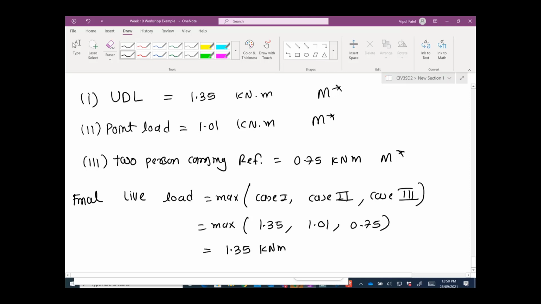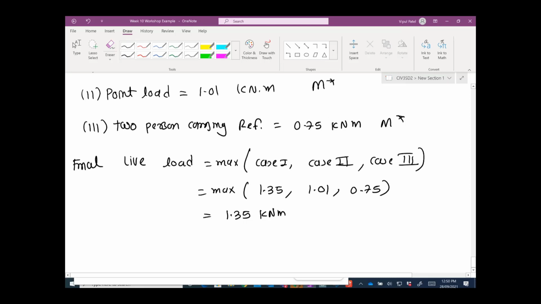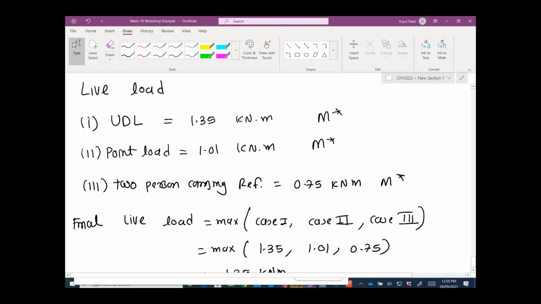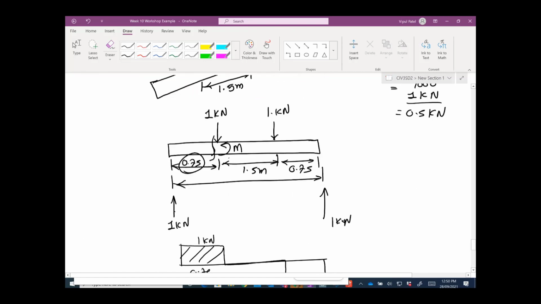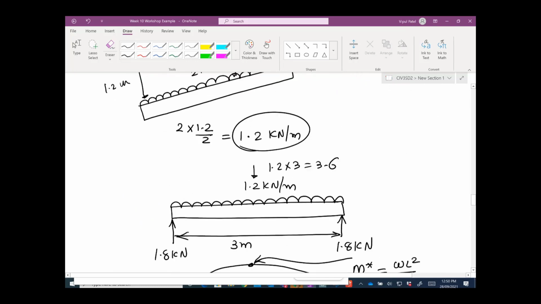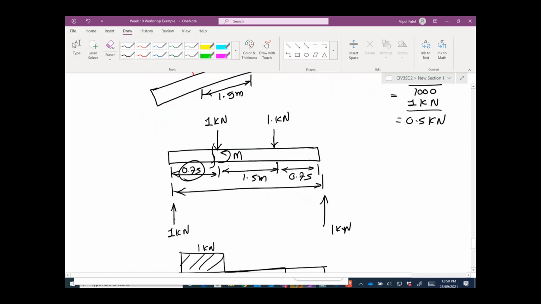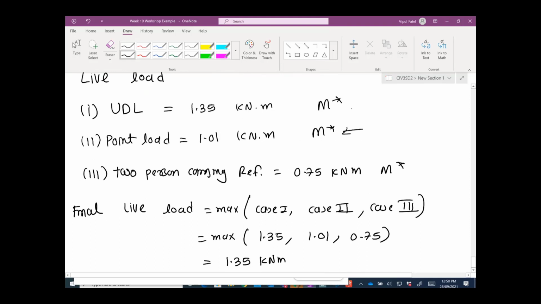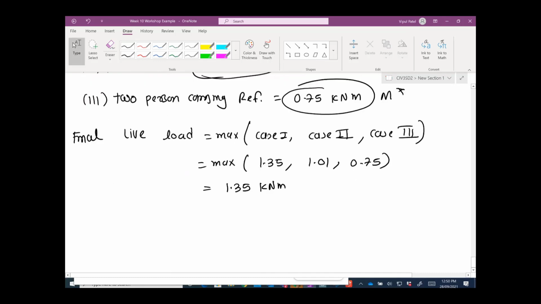I hope you understand that. Unmute yourself if you are still struggling to get that. The final live load that our stringers will experience in the worst case is 1.35 kilonewton meters in any given conditions. So we don't need to design for the others, because if you design for this one, it automatically accounts for them. So we're going to design for 1.35 kilonewton meters.